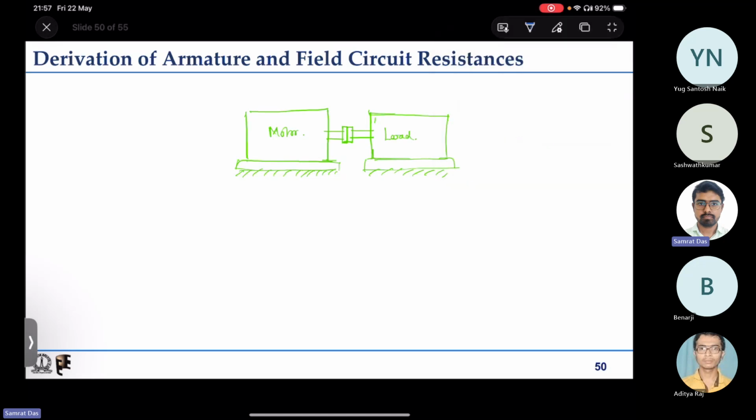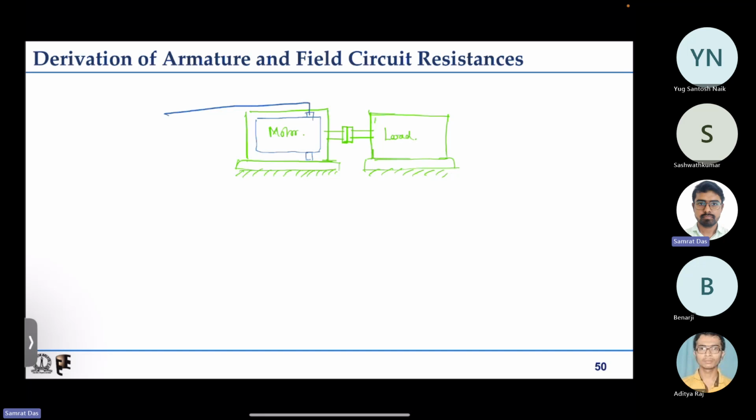Now electrically speaking, what do we have? There is the rotor, which has some brush connected, and there are the commutator segments also. From the brush, two terminals are coming. These two terminals are the armature terminals.